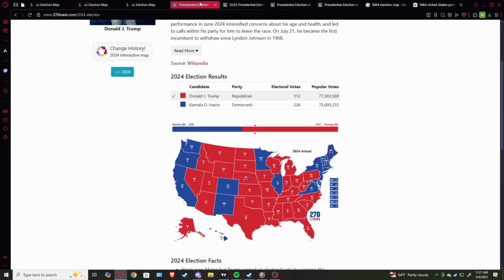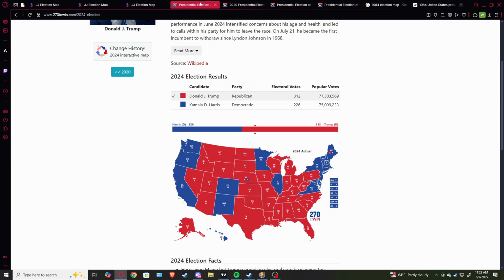And so this is potentially a way we can improve the system, because it can make sure that people think their vote actually matters. Because right now, a lot of people's votes do not matter. If you were a Democrat in Wyoming or South Dakota or North Dakota, your vote doesn't matter. If you were a Republican in California or Maryland or Massachusetts, your vote really doesn't matter in the presidential election.